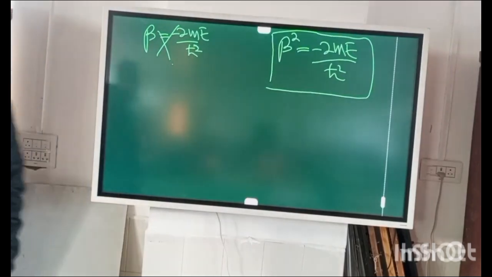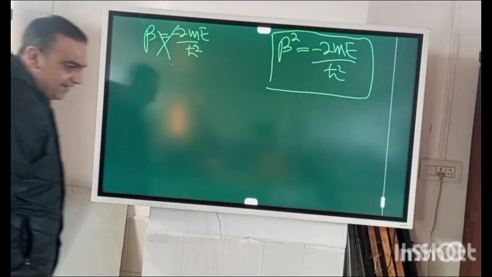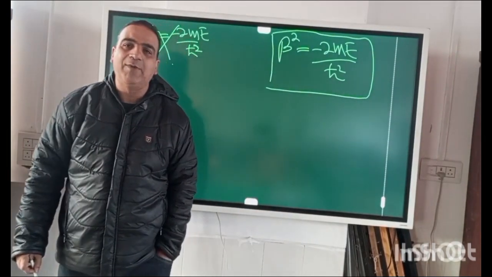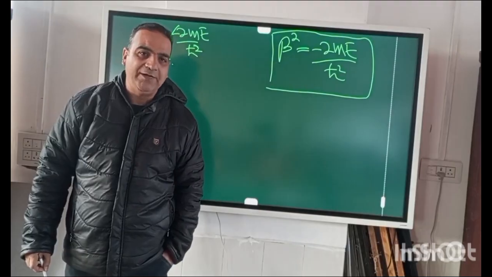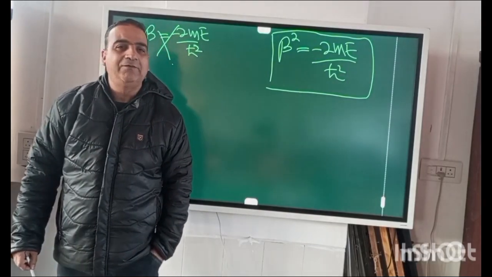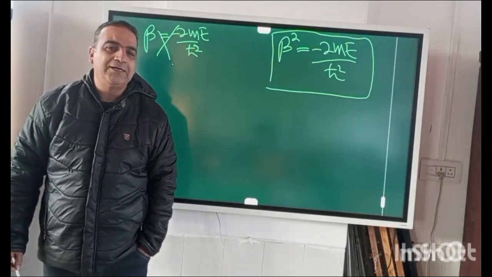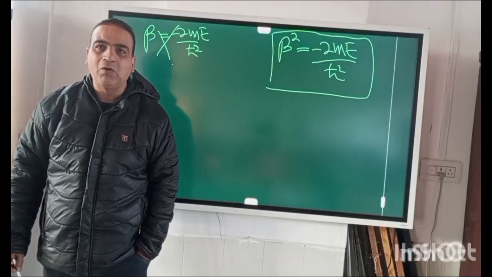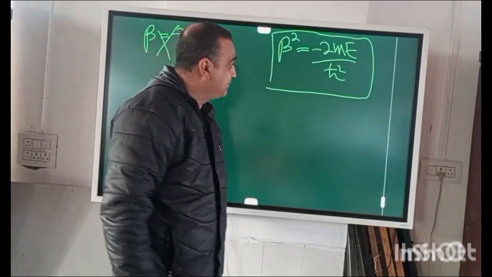Right? So this was the mistake that we committed yesterday, and as we understand, we are talking about the problem of hydrogen atom, and we are using spherical polar coordinates to solve it.